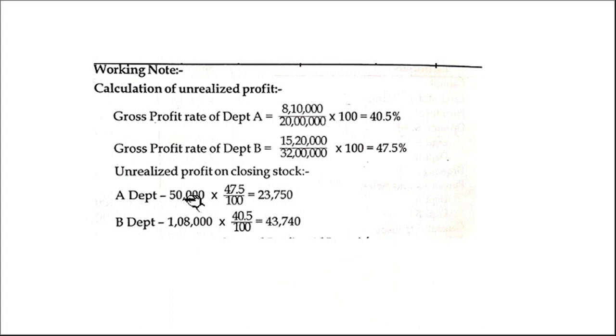For A department, the stock includes B department transfer, that is 50,000, into B department's rate, 47.5%. For B department, A department transfer into A department rate, 40.5%, 43,740. Clear? This we had worked out in many problems.